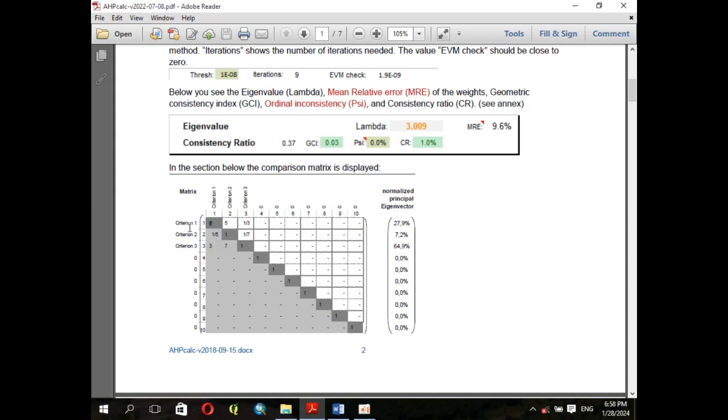Okay, so criteria 1 may be compared with two criteria, 1 2. Criteria 2 is compared with one criteria here, and the likes.